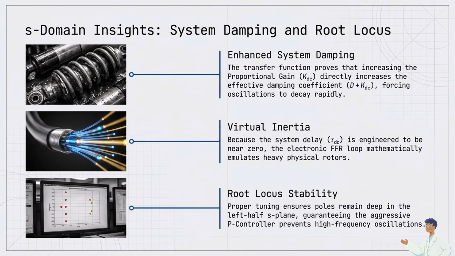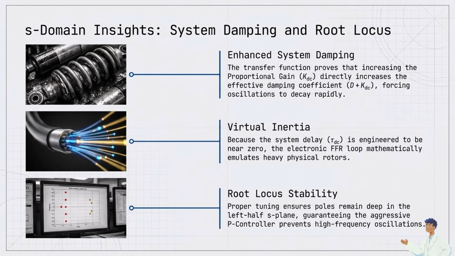Second, virtual inertia. Because our system delay tau_DC is engineered to be extremely small, less than 0.15 s, the electronics loop mathematically behaves just like a heavy physical rotor.